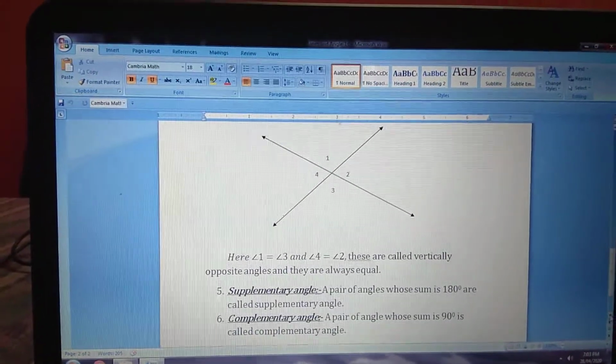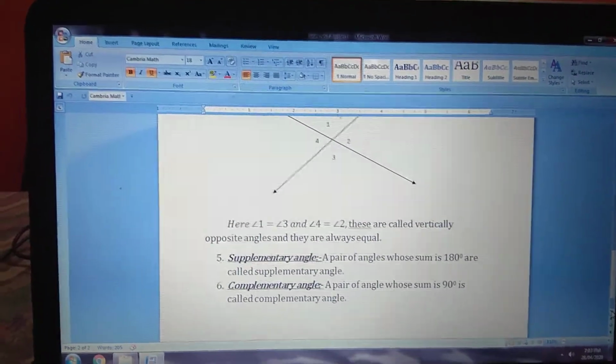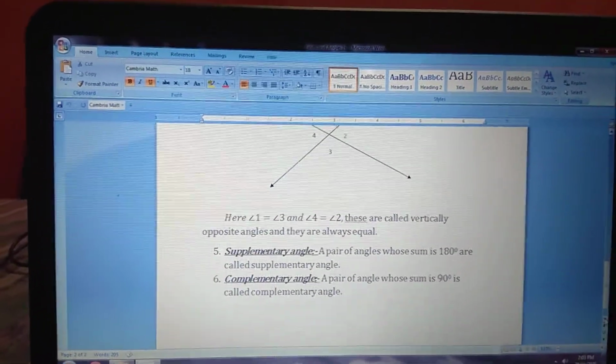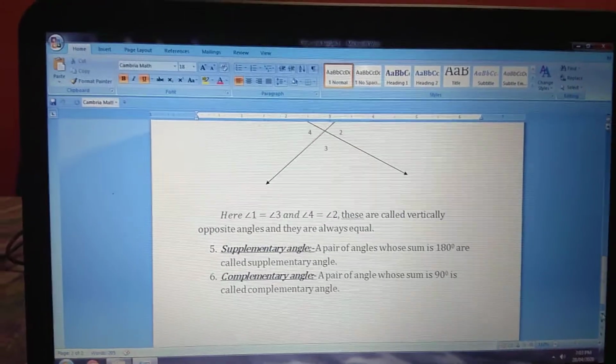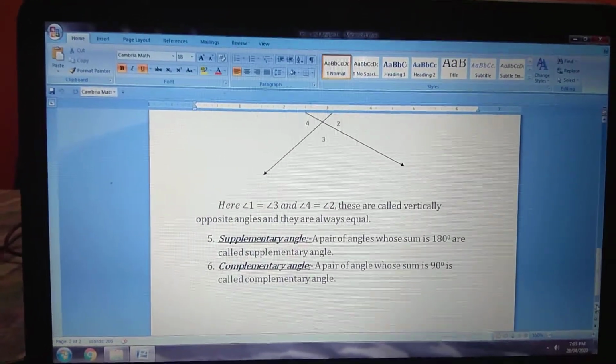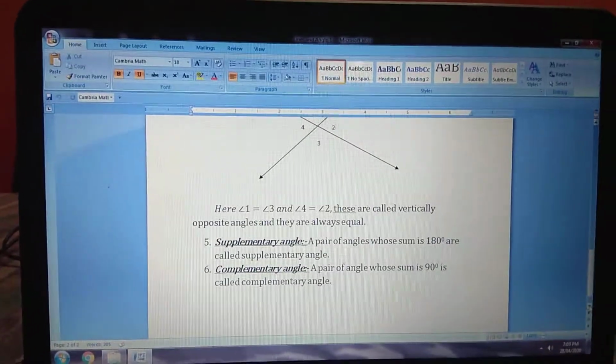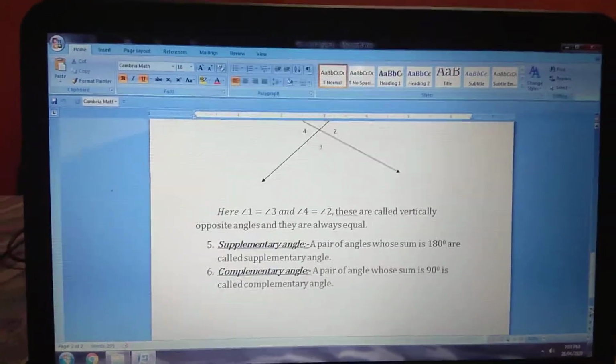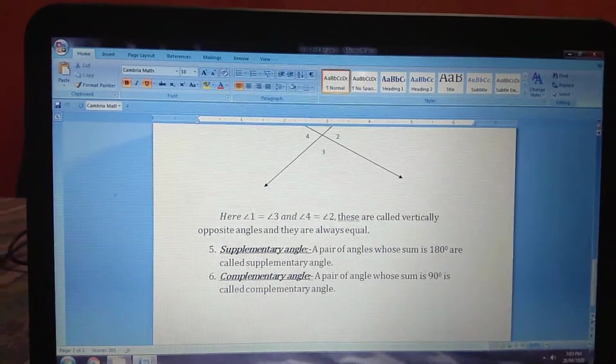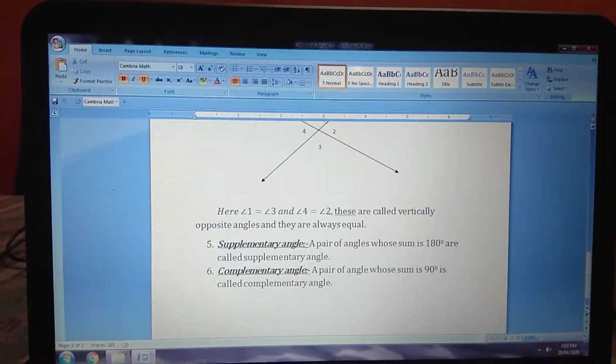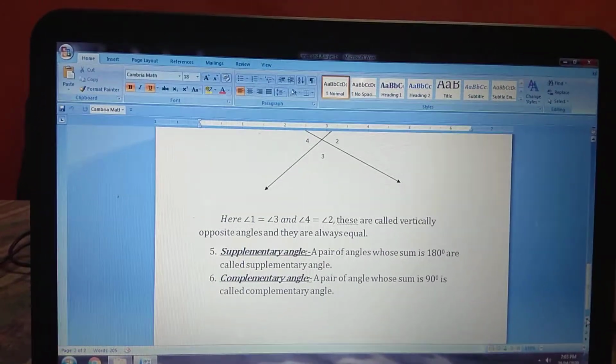Now we will go to supplementary angles. What does supplementary angle mean? Suppose two separate angles are there and the sum of those two angles is 180 degrees. Then those two angles are called supplementary angles.